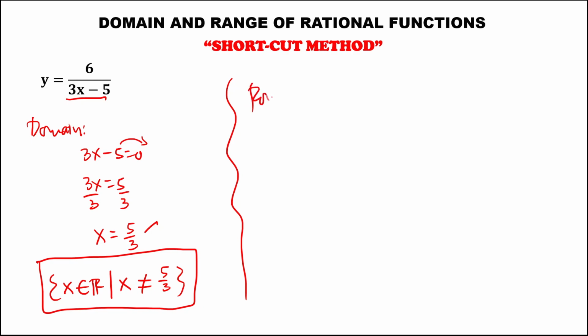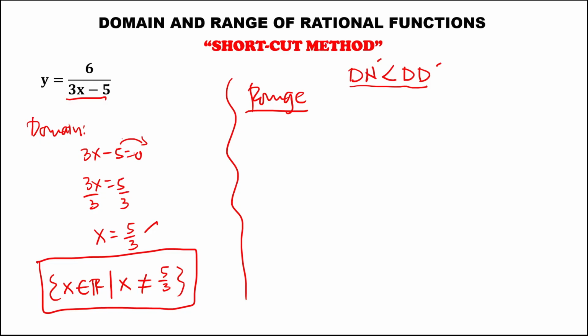Now for the range, we're going to use the shortcut method. If the degree of the numerator is less than the degree of the denominator, this means that the degree of the denominator is bigger than the degree of the numerator.